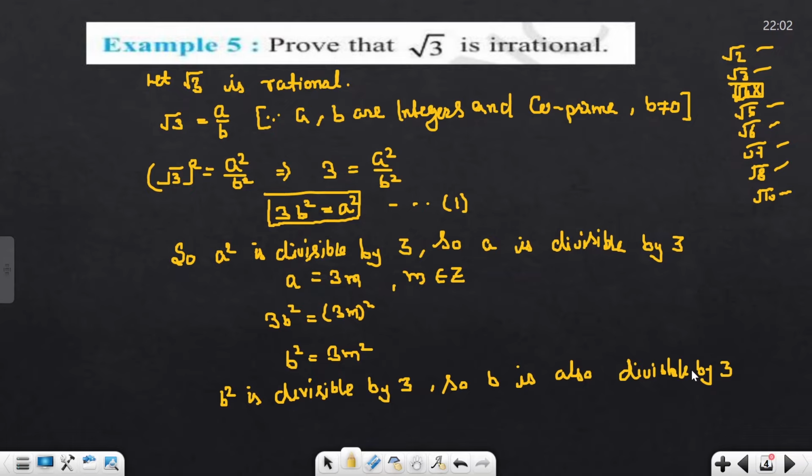Okay, so this implies that a and b have 3 as a common factor. You can write it like this also, with the implied sign.